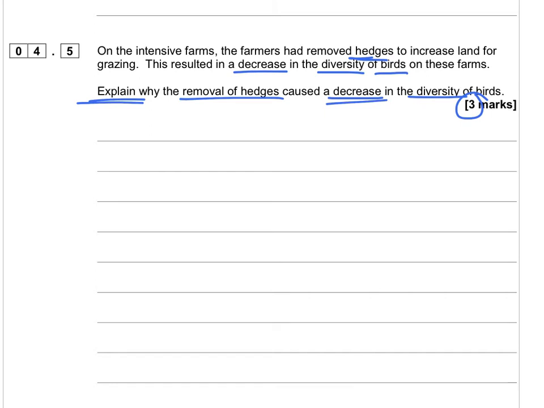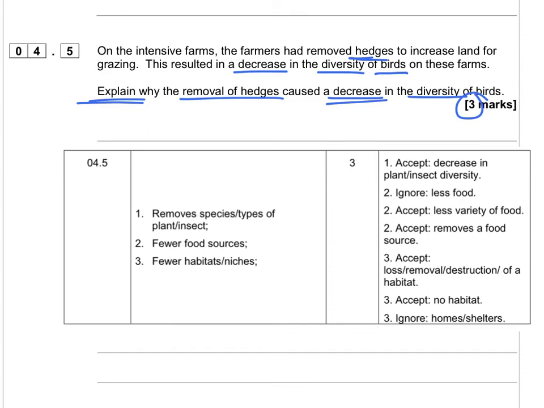Now, you need to realise that if you remove hedges to increase land for grazing, you're going to reduce the number of species. If you reduce the number of species of plant, there'll be fewer food sources, and particularly there might be fewer places for the birds to have nests or shelter, so therefore there'll be fewer habitats.